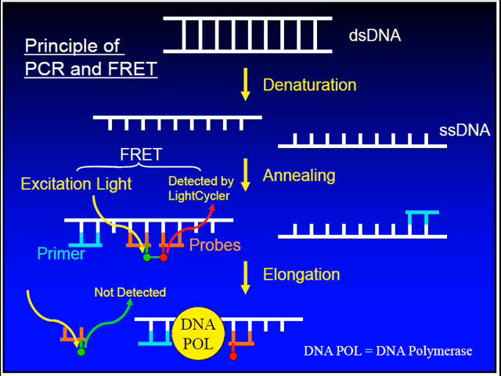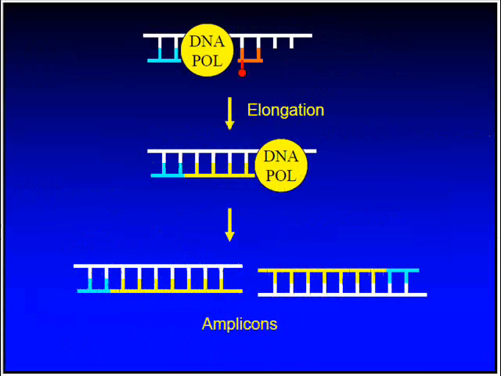During the annealing step, the LightCycler emits a specific excitation wavelength on probe number 1. As probe number 1 returns to ground state, the energy is transferred to the adjacent probe, number 2. The wavelength of light emitted from the excited probe 2 is detected by multiple detection channels on the LightCycler instrument.